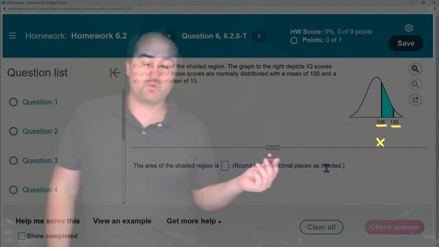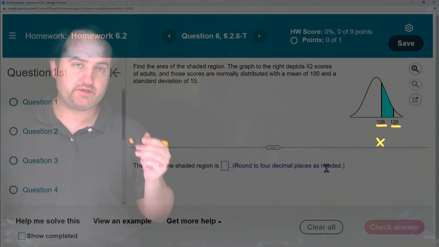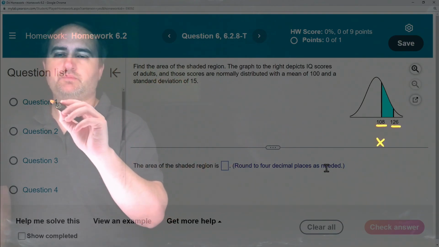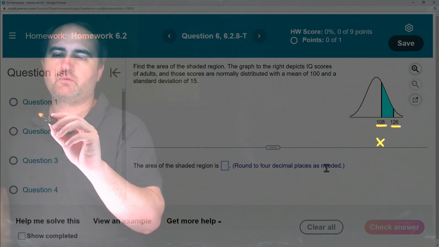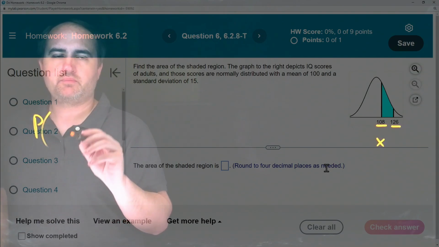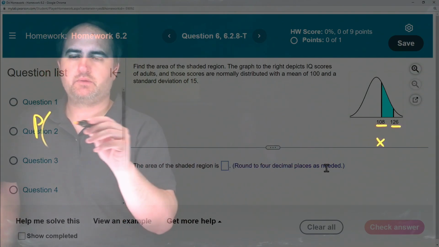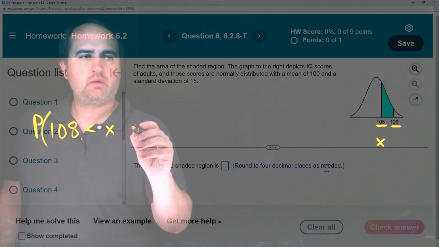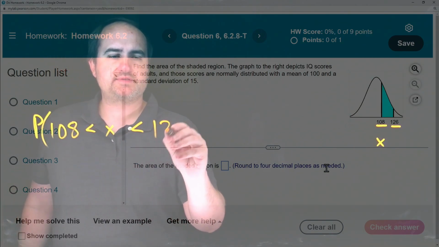The way we would write this, if we wanted to use the same notation as on the last example, is because it's the area in the middle, we're going to have the probability that x is greater than 108 and less than 126.